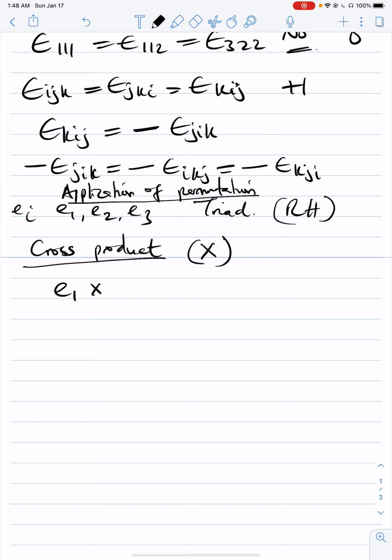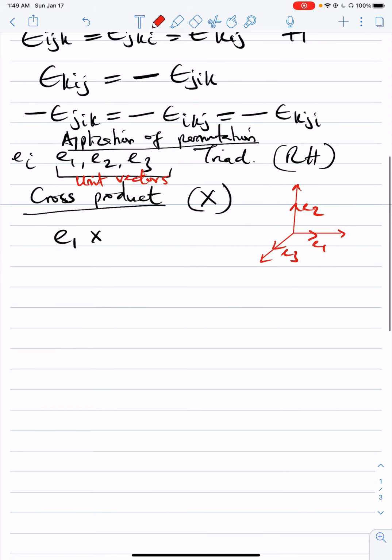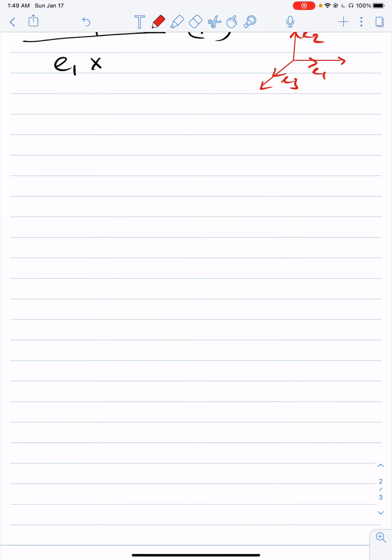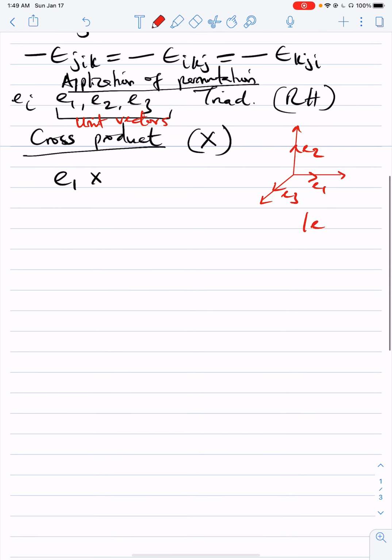So if you have vectors e1, e2, and e3, typically unit vectors, we have a system like this. They are unit vectors, meaning that the magnitude is equal to 1.